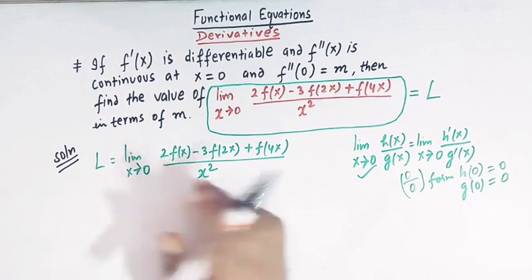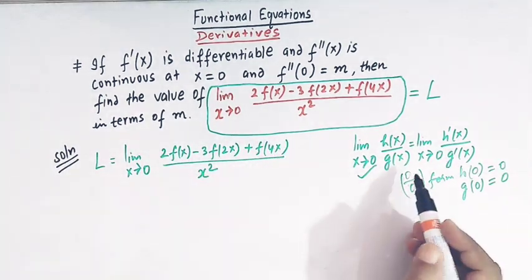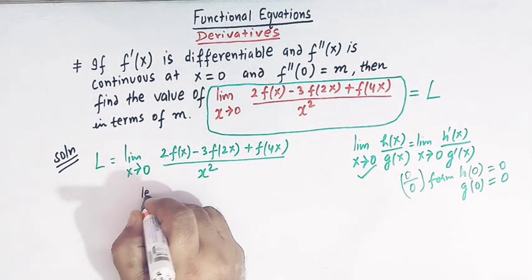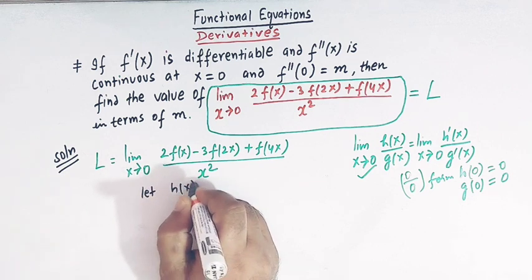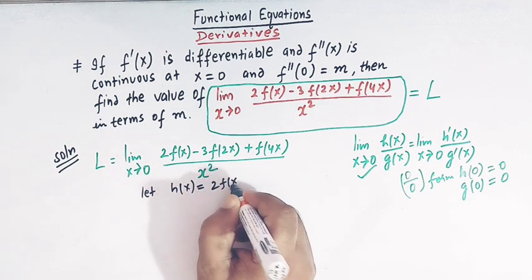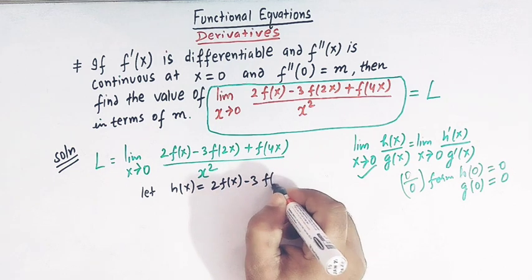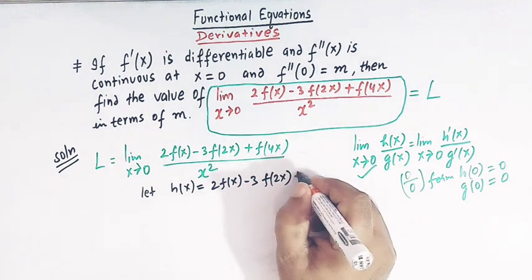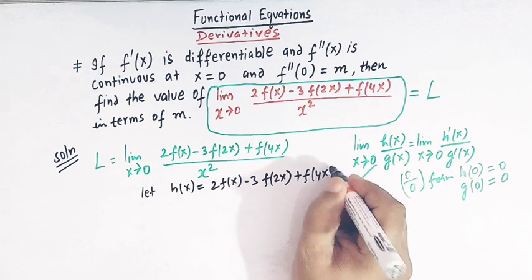So now let us take this numerator as h(x), right? So let us take h(x) as 2f(x), then minus 3f(2x), and then we have f(4x), right?